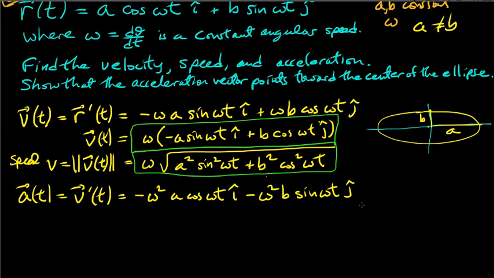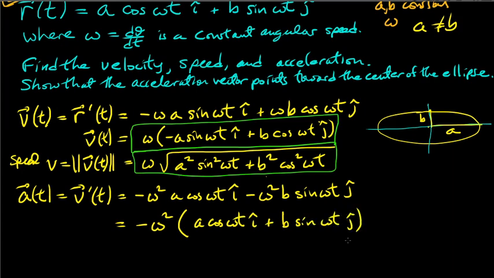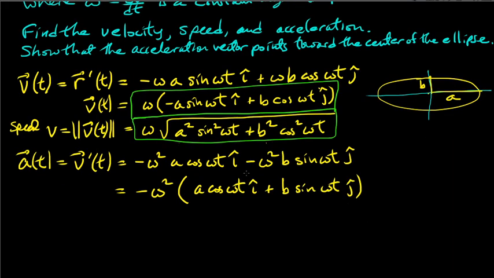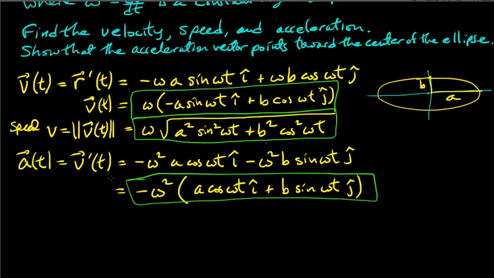And now we can factor out the omega squared. In fact, it's negative omega squared times a cosine of omega t i plus, because they're both negative, b times sine of omega t times j. So that's the acceleration. We'll just call that a of t. Remember, acceleration is a vector.